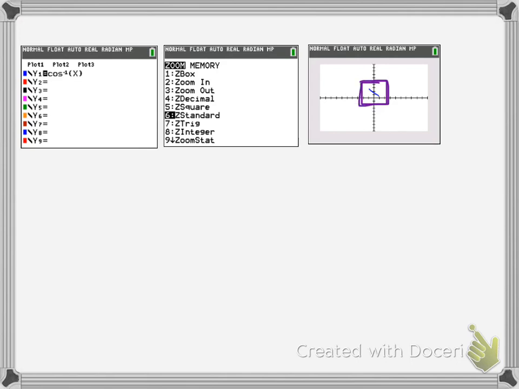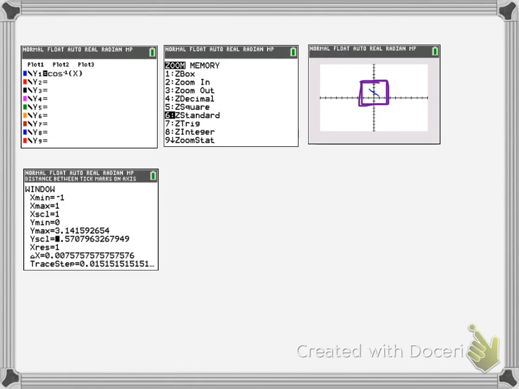Alright, so it might make sense to zoom in on this, and so some values that might make sense, since our domain for arc cosine is -1 to 1, then our x minimum will be -1 and our x maximum will be +1. And then for our y values, since our range, if I'm talking about the inverse cosine function, is 0 to pi, my y minimum will be 0, and my y maximum will be pi.